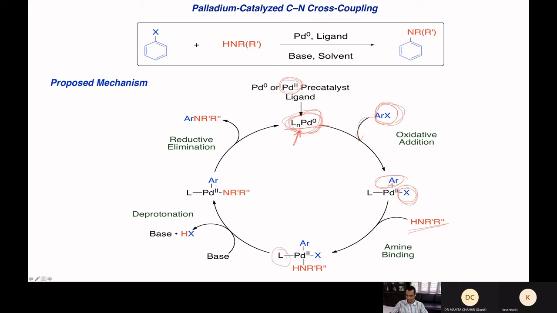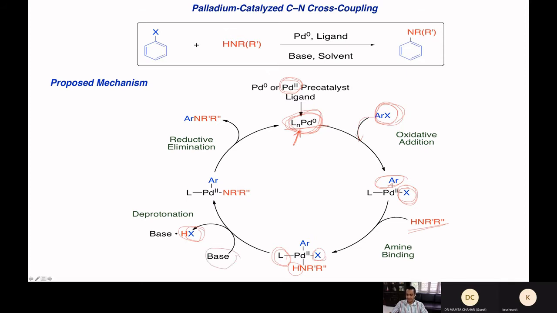Usually if you are discussing the monodentate ligand from the last slide, one coordination from the ligand, one coordination from the benzene ring or aryl group, another coordination from X, another coordination from nitrogen. Overall, HX goes out, from here, this H and this X, in presence of a base.